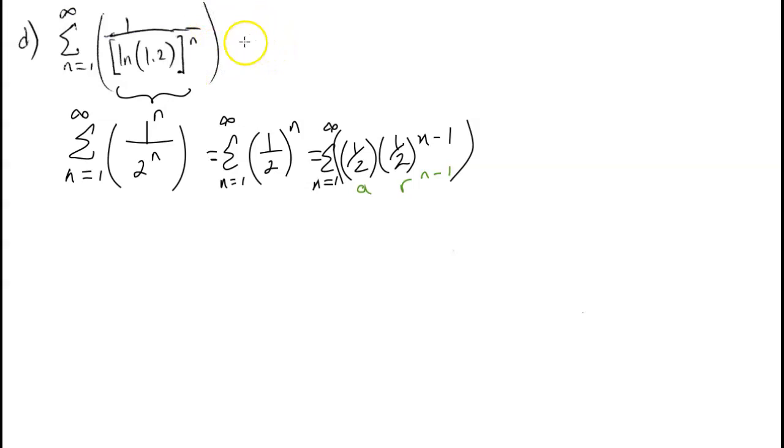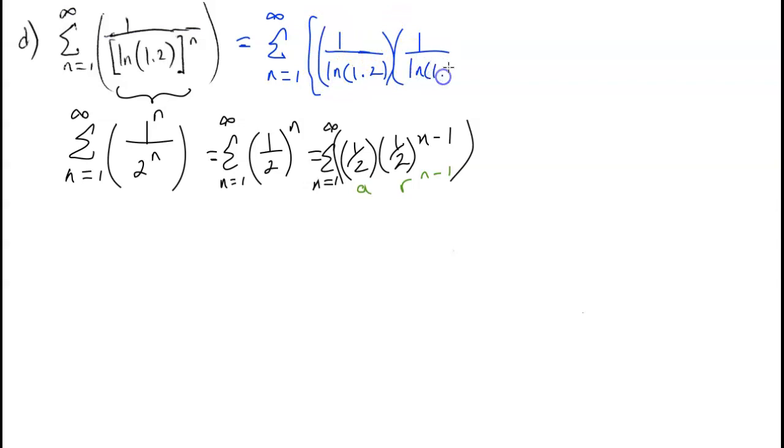Okay, so here I could just say this is summation from n equals 1 to infinity, and this could be a 1 divided by natural log of 1.2, all that times another 1 over natural log of 1.2 raised to the n minus 1. And by definition, that would be a geometric series.